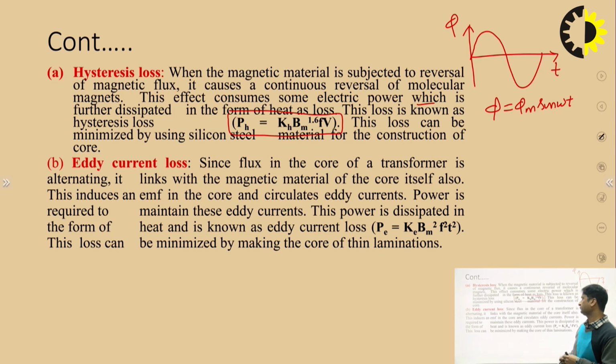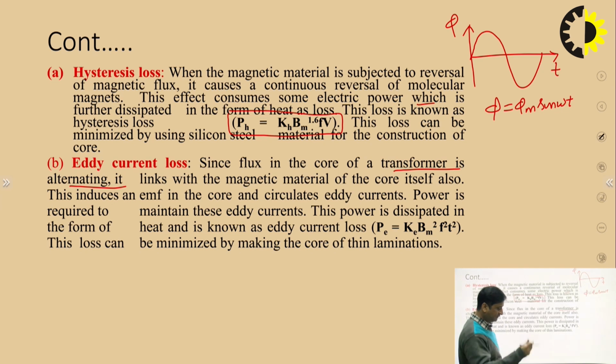The second thing is the eddy current losses. The flux in the core of the transformer is alternating, and because of this alternating nature, an EMF is induced in the core of the transformer.